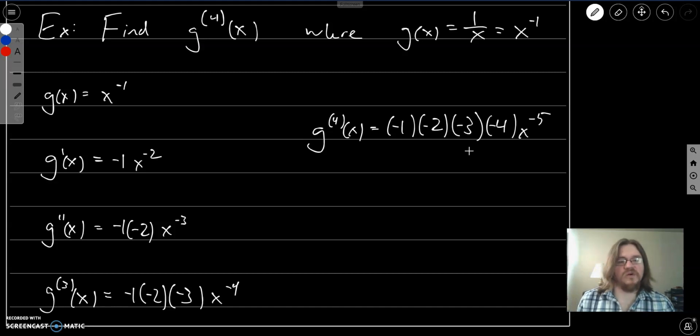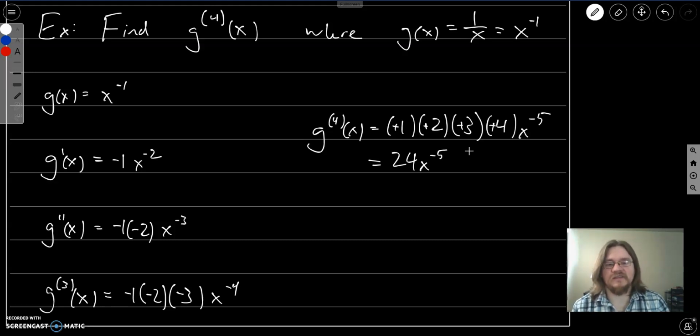So again, one fewer power up top, so 1 less than negative 4 is negative 5, and then we've got all this mess out front. We have an even number of negative signs, so they'll cancel out in pairs, so we're left with something that's not going to be negative. And then 1 times 2 times 3 is 6, times 4 is 24.